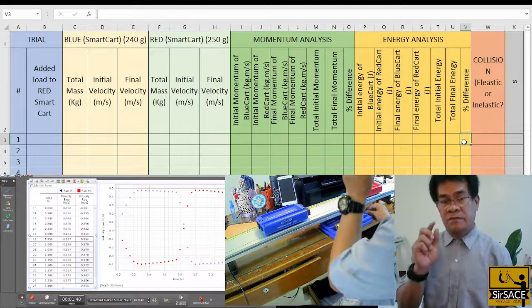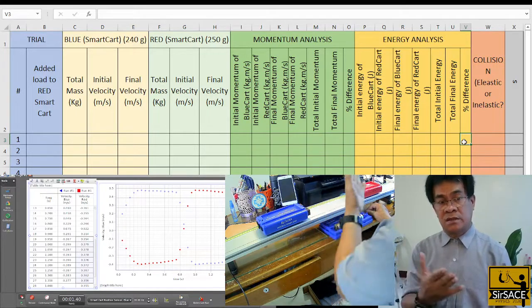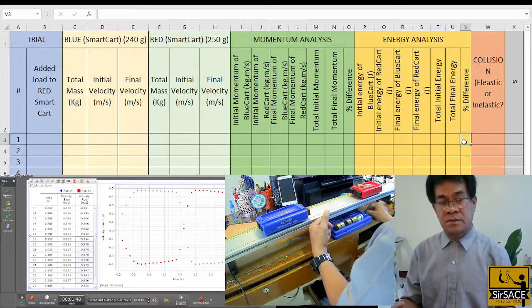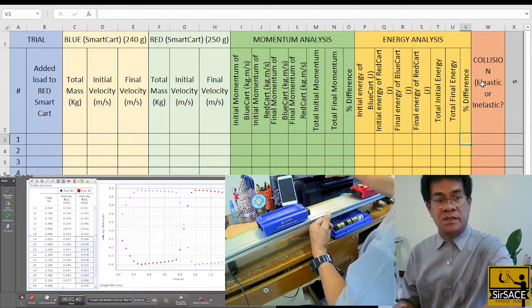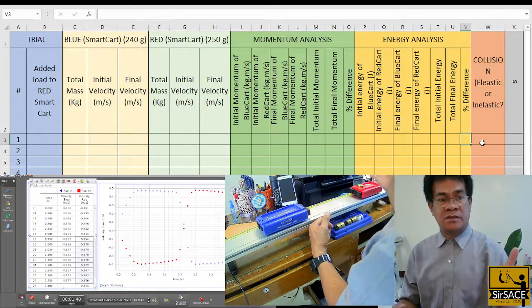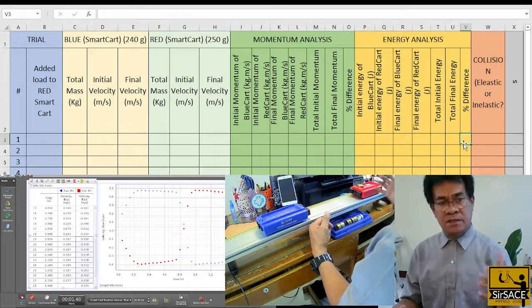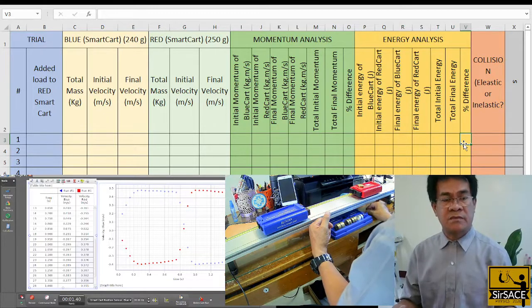So if the percent difference is less than 10%, meaning it is an elastic collision. Kindly change this, it should be elastic. Elastic collision or inelastic. So after that, you have to decide whether elastic or inelastic. But in this case, your answer here will be based on the percent difference for energy.